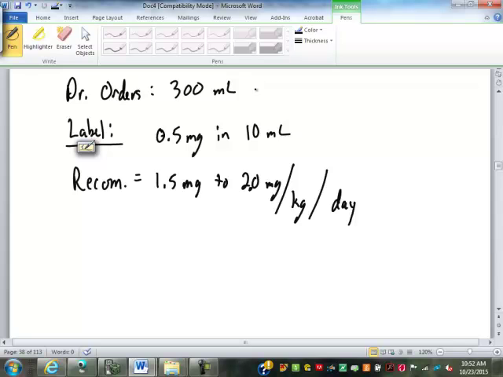The doctor's orders, by the way, was 300 milligrams every 6 hours. Q6D or whatever that abbreviation is.